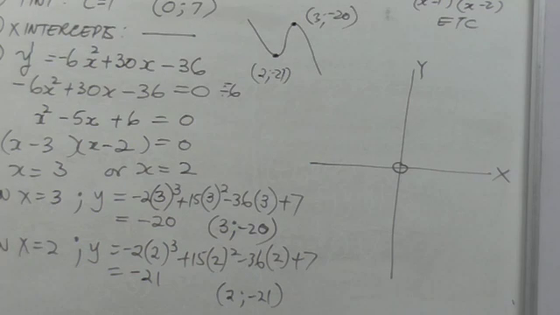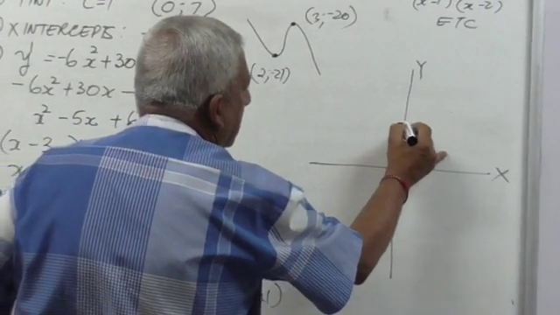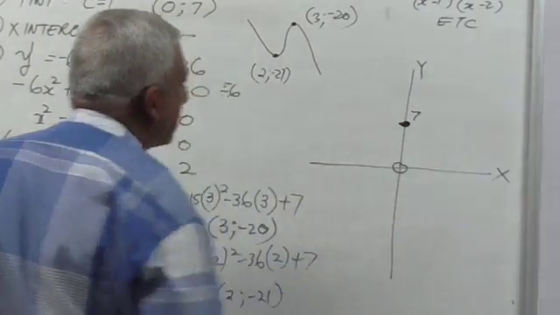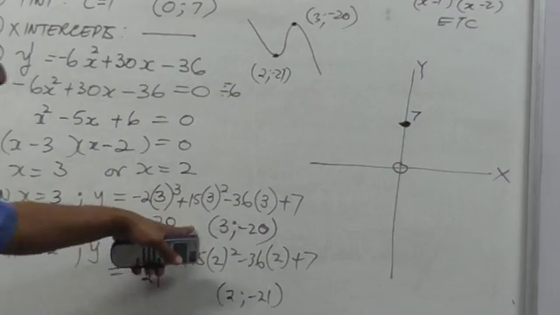What is the y-intercept? It is 7. So the y-intercept is somewhere here. We don't know the x-intercept, so forget about it. Then we plot the points. 3 and negative 20.